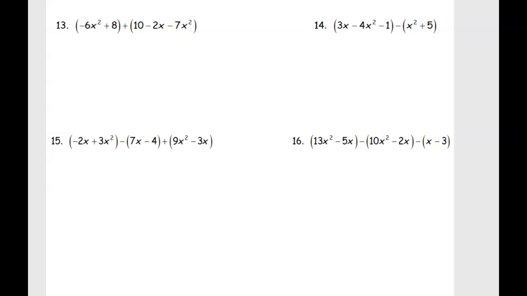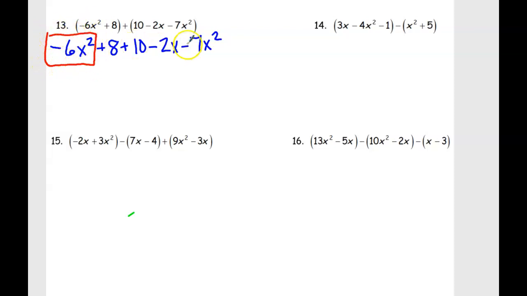13, we're adding them. So I'm just going to rewrite the problem without the parentheses. Plus 10 minus 2x minus 7x squared. Okay, the highest exponent is 2. So I'm going to start by combining negative 6x squared and negative 7x squared. And when I do that, I have negative 13x squared.